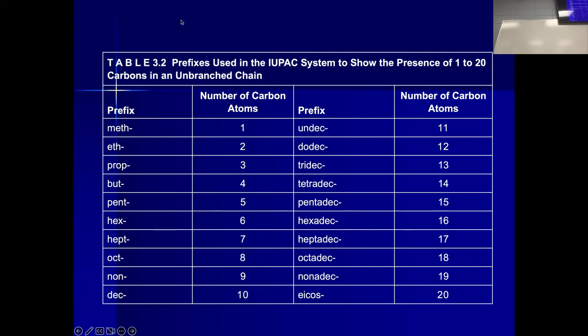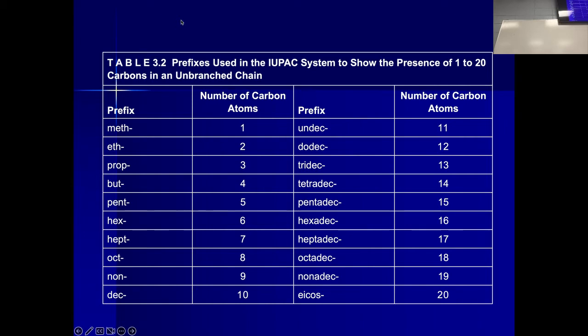What's the longest continuous carbon chain? 4. Right? 1, 2, 3, 4. 1, 2, 3, 4. 1, 2, 3. So 4 is the longest. I can either have a 3 chain, or a 4 chain, or a 4 chain. So 4 is the longest continuous chain.